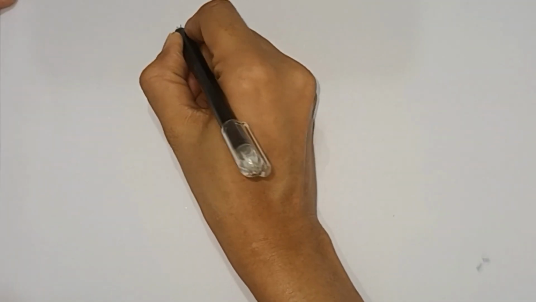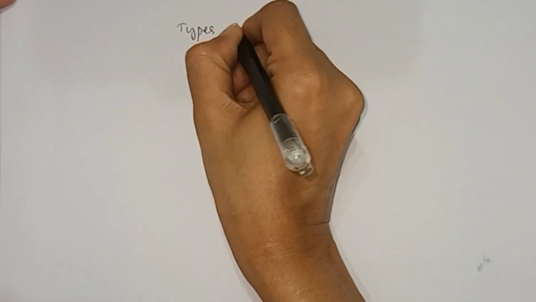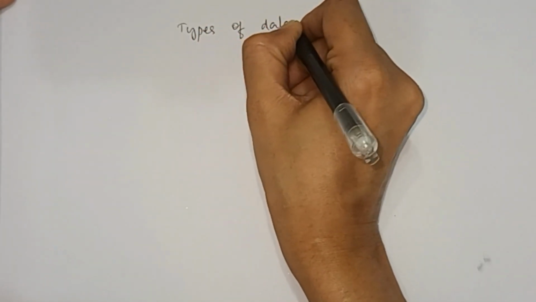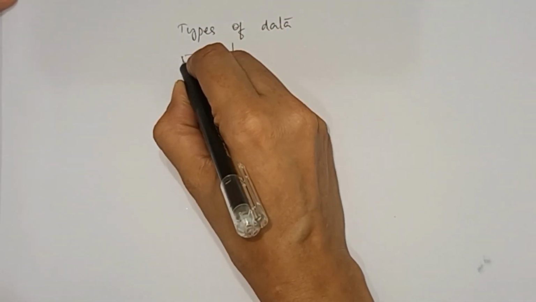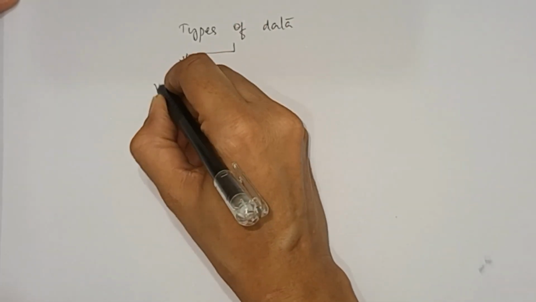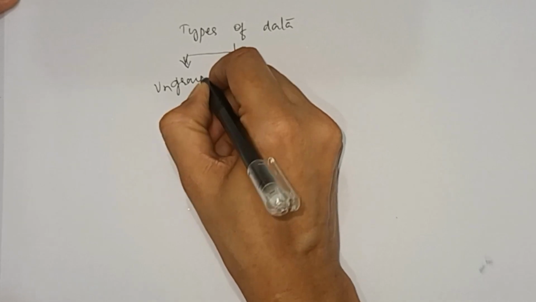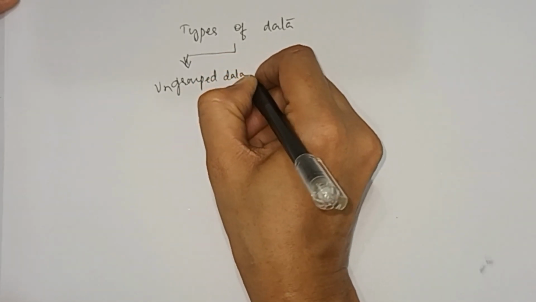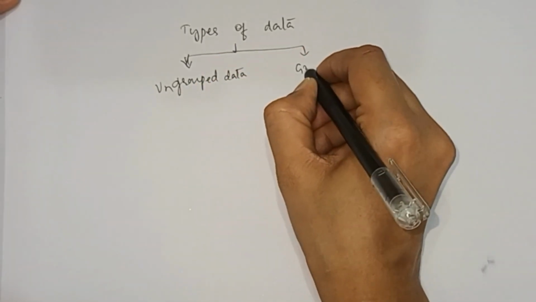Before learning the measures of central tendency, first you have to learn different types of data. There are basically two types of data: ungrouped data and grouped data.